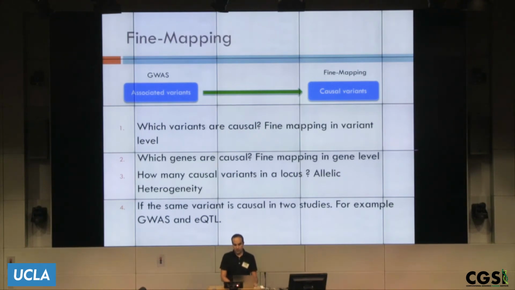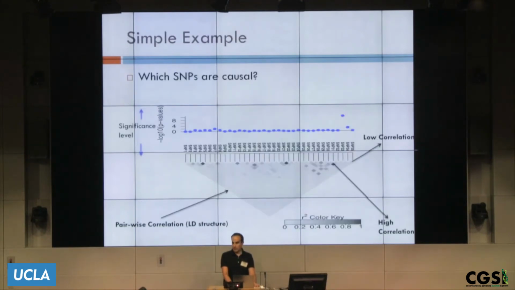Okay, but before that, let's try to get some intuition. I explained to you why fine mapping is hard, but sometimes it's not hard. Let me give you an example. This is, let's say, the result of your study. And down here, this is a representation of the LD matrix.